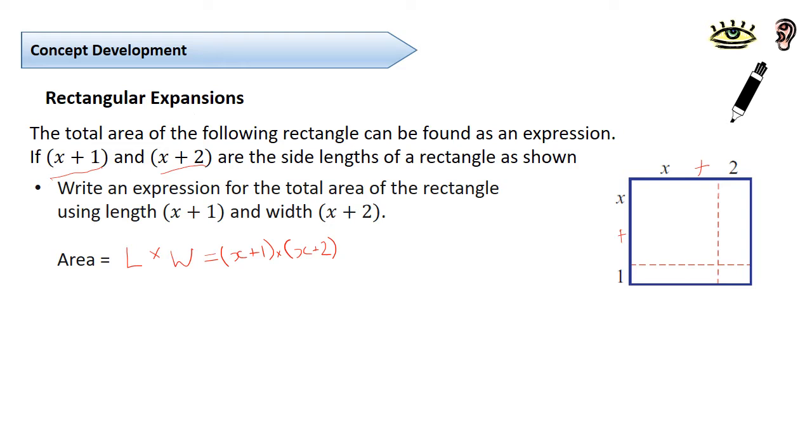For our particular problem, our length, as we just said, is x plus 1, and we're going to times that by x plus 2. Cool. So, what does that mean? How are we going to calculate x plus 1 in brackets times x plus 2 in brackets? This is our binomial expansion.